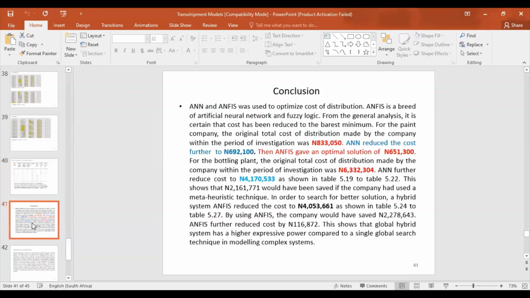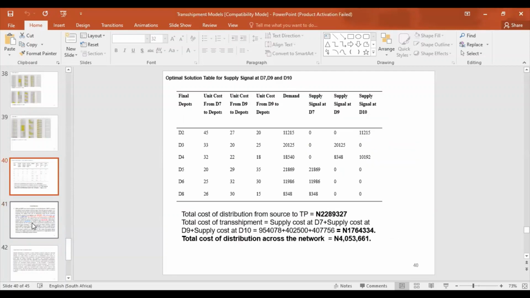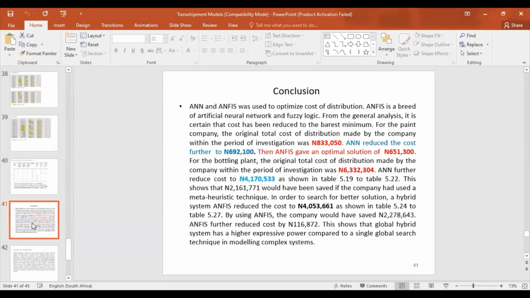So if the company decides to use this interesting algorithm, it will go a long way to save cost of distribution.